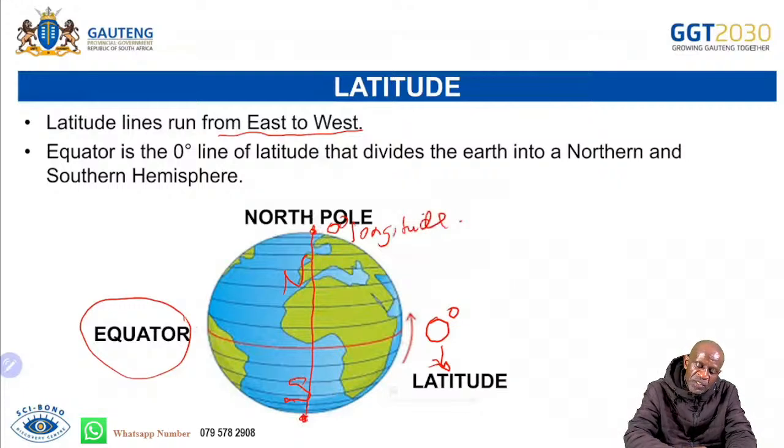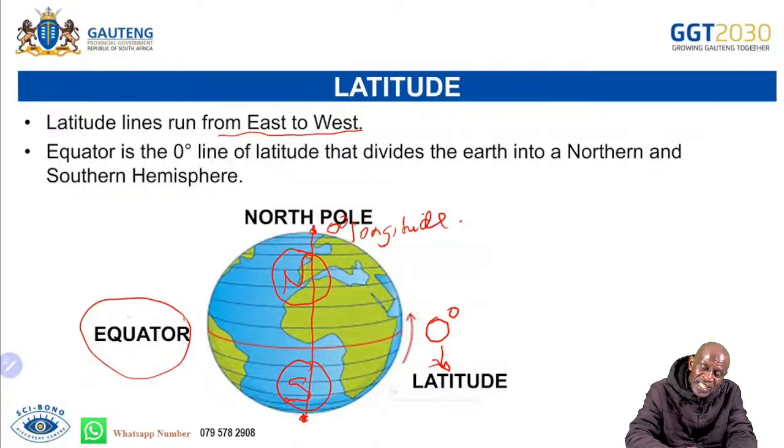So the importance of this line is that it divides the Earth into north and south, and this division brings about the fact that when it is summer in the south, it is winter in the north. When it is winter in the south, it is summer in the north. So it plays a crucial role when it comes to the definition of particular seasons.